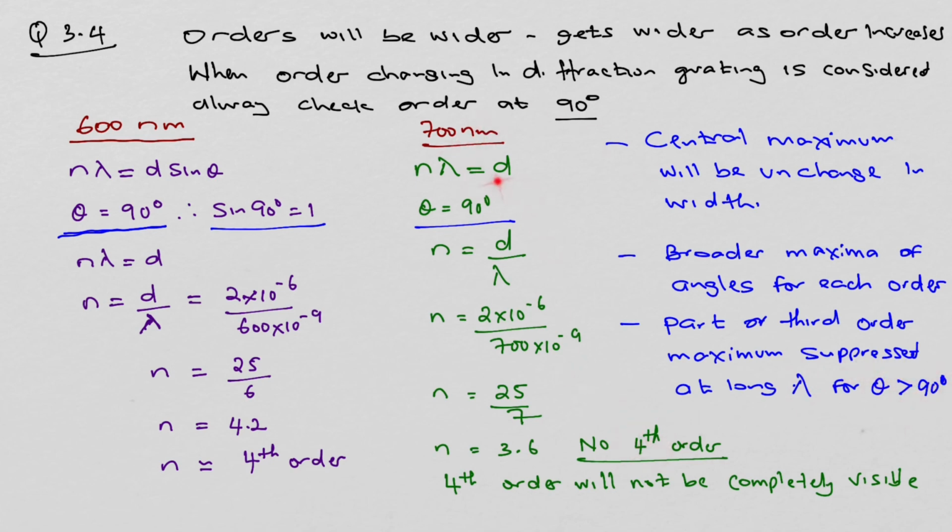So this one will not be seen because it's far away. As the order increases, that will not be seen for 700, but the 600 will have a fourth order, but the 700 will not be visible as the longer wavelength goes past 90 degrees and we can't see it.